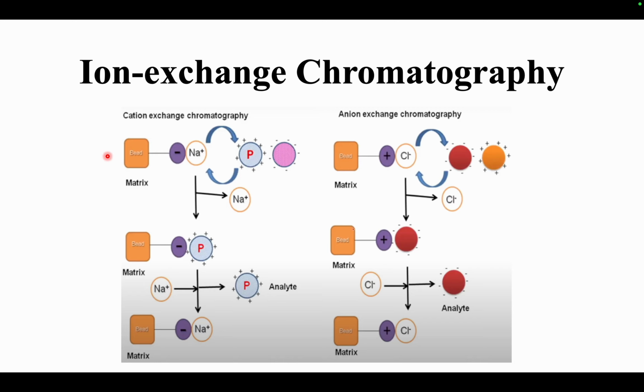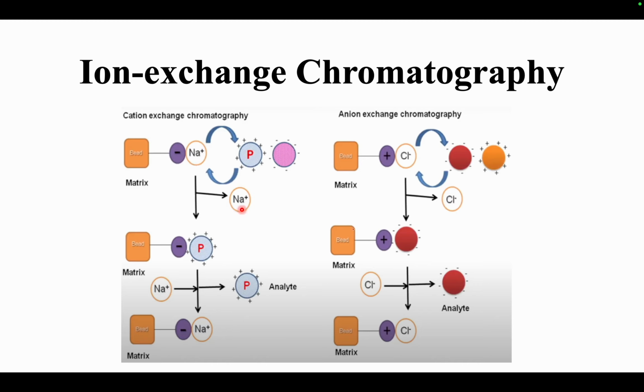The stationary phase buffer will have some positively charged ions which are bound to the stationary phase. As soon as we add a sample mixture, what will happen? This is our sample enzyme mixture. We have a positively charged protein of our interest, and these are the impurities or other proteins which are present. They will compete with the sodium ion here.